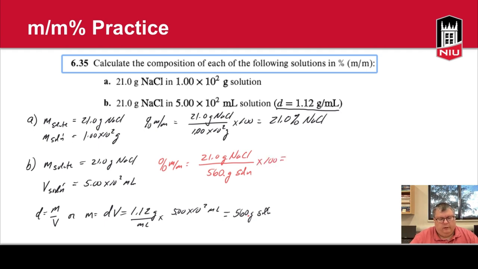So 21.0 divided by 560 times 100 is 3.75% sodium chloride by mass. We really should have the unit mass to mass percent, or percent mass to mass, so that we know it's a mass percent, not a volume percent.